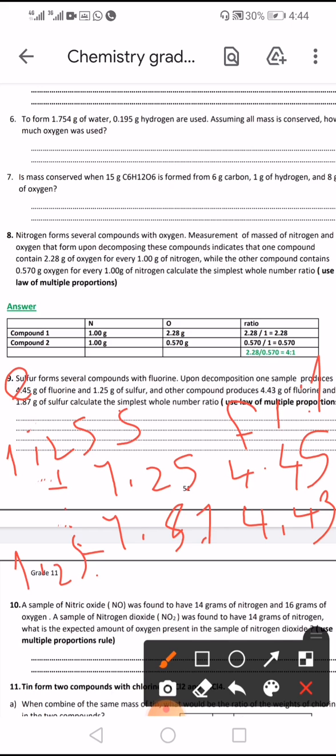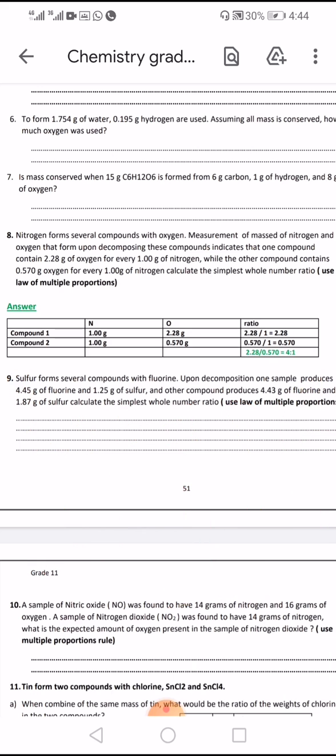So in the first compound, 1.25 divided by 1.25 will be 1, and in the second compound 1.87 divided by 1.25 equals 1.5. So the ratio of sulfur in the two compounds will be 1 to 1.5.